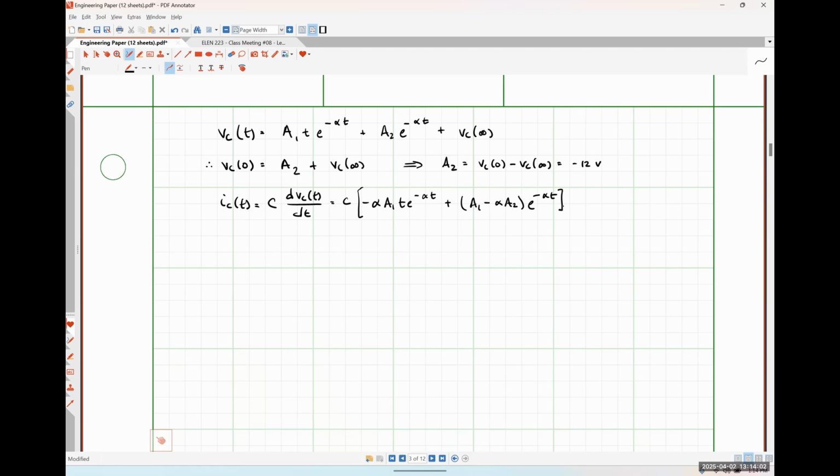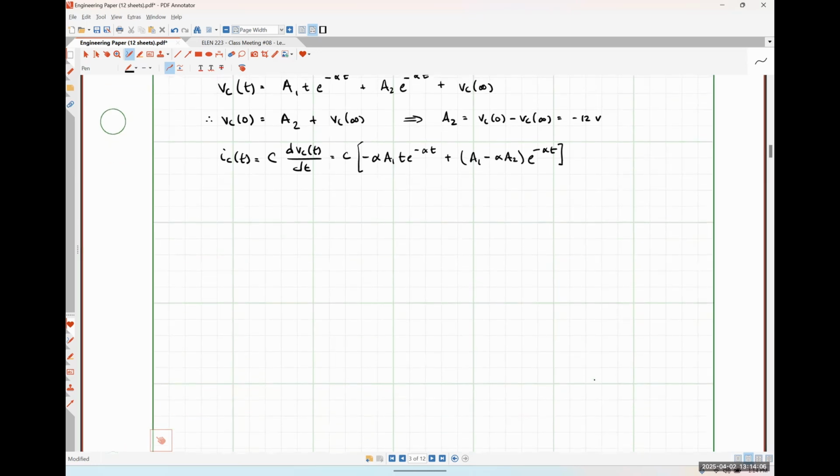Thank you, sir. That's all I need. So from here, we could say that IC at 0, that whole first term is going to go away again. And so I'm going to be left with C times A1 minus alpha A2, and then e to 0 is still just going to be 1.